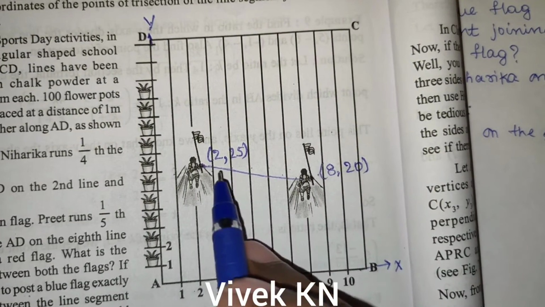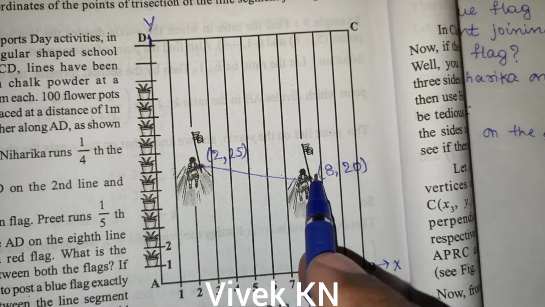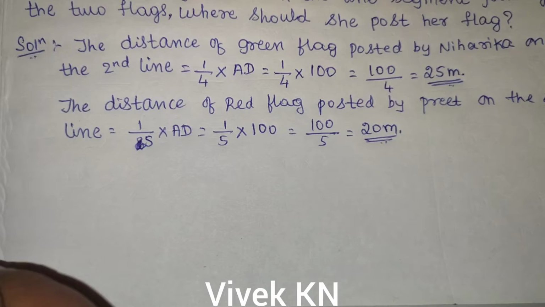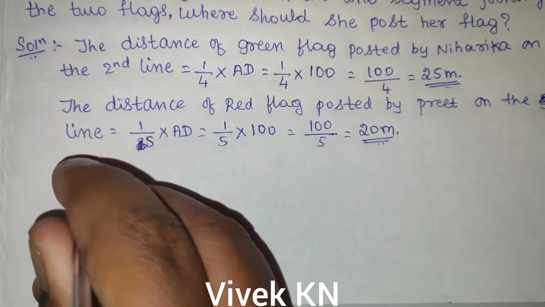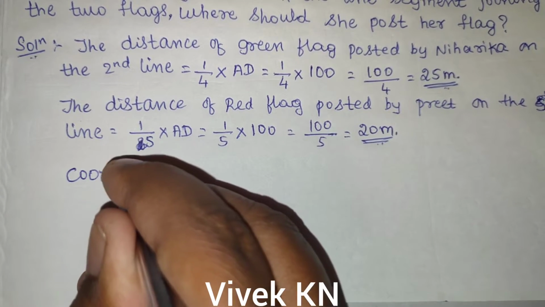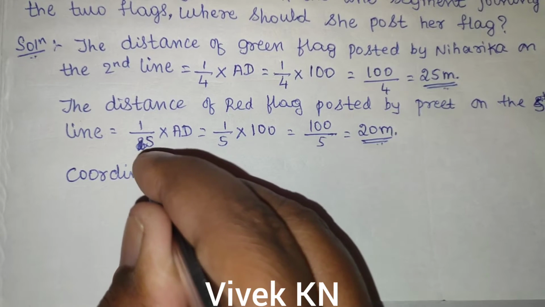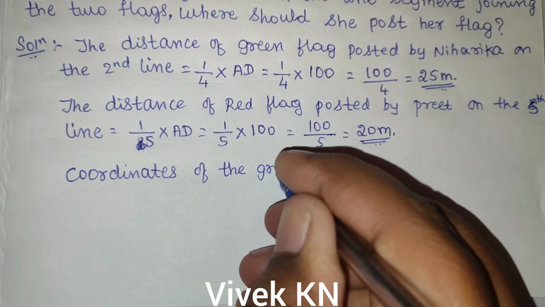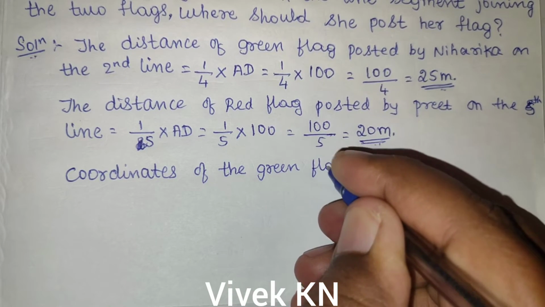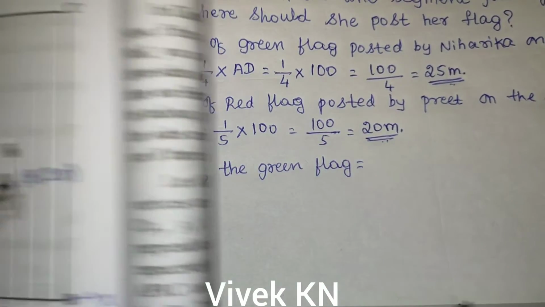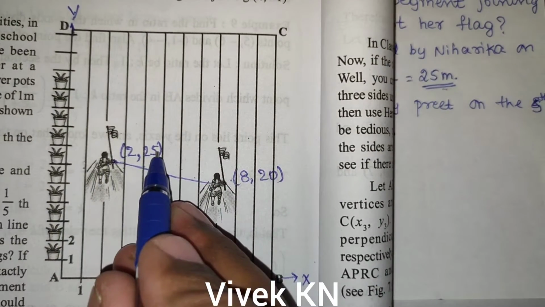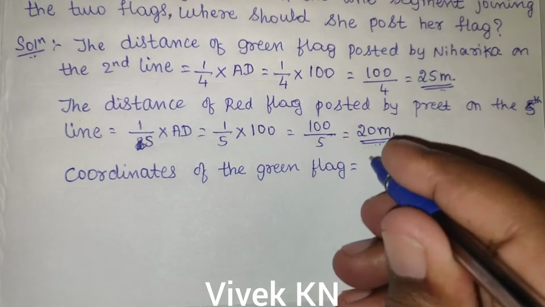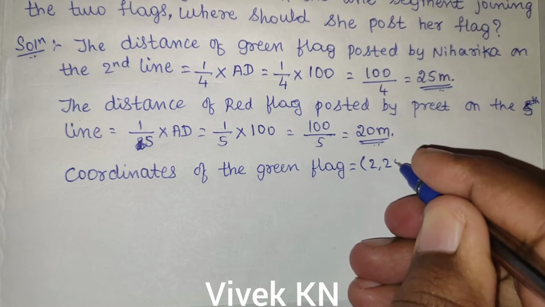Now we can easily find out the distance between these two flags by using the distance formula. So coordinates of the green flag are 2, 25.